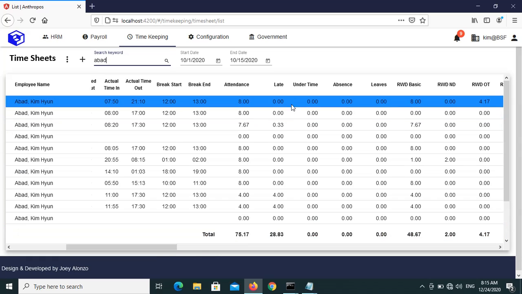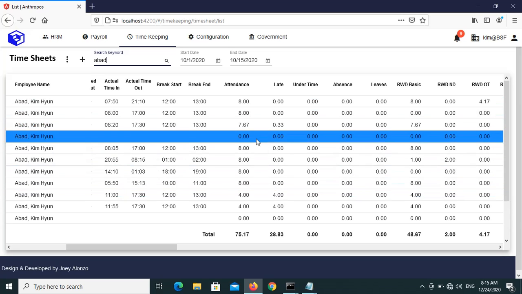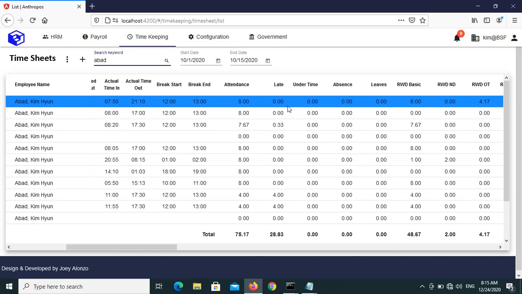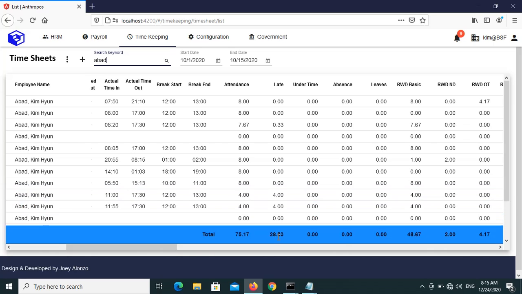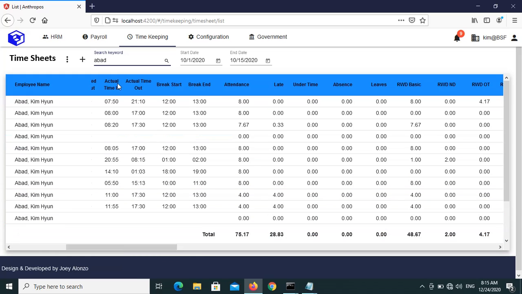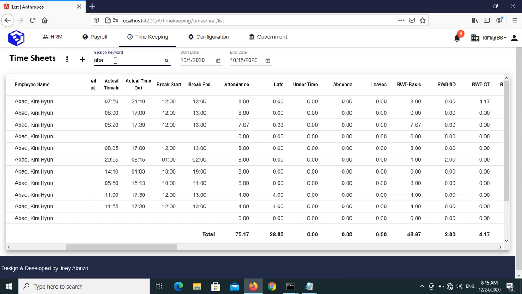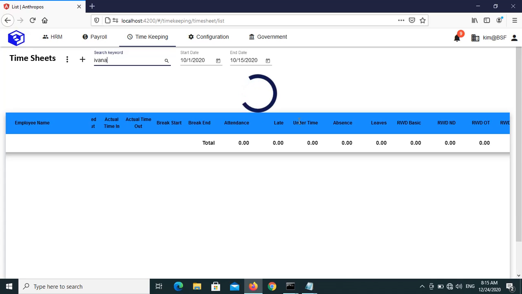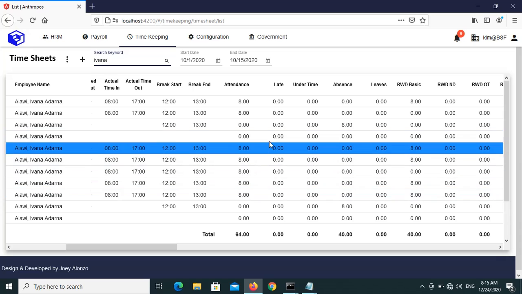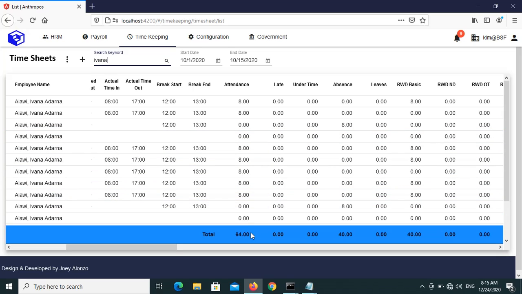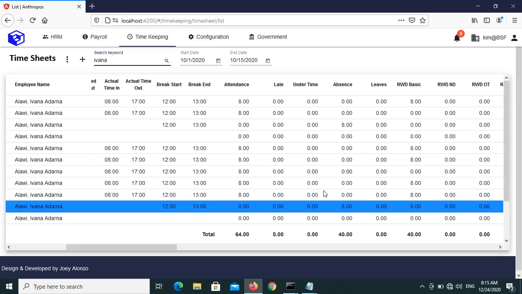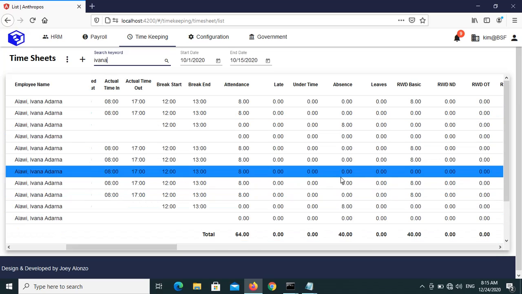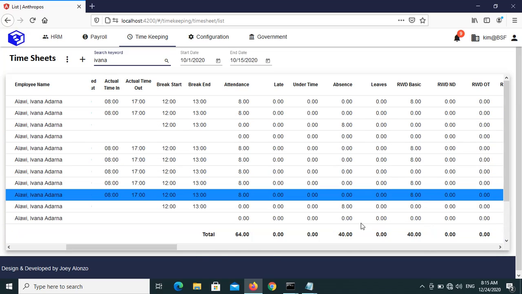Okay, so these columns are calculated in hours. Same thing with late, undertime, and absences. So the late is 28.83. Now for Ivana, the attendance is 64, and then there are absences of 40 hours.